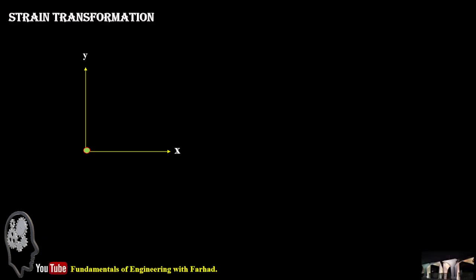Let's assume this is our original axes x and y, and we want to move to a brand new axes by an angle of theta, x prime and y prime. We do know our stresses in the x and y direction, and we want to calculate them in the new axes x prime, y prime.